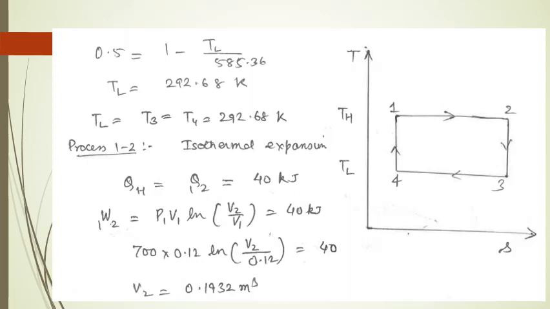So work transfer is also equal to 40 kilojoule, and work transfer for an isothermal process for an ideal gas is P1 V1 into natural log of V2 upon V1. So by using this concept, we can determine the value of V2, and that comes out to be 0.1932 meter cube.